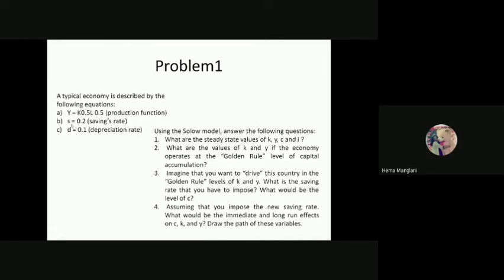The saving, C, and I I'm talking about are also the small ones. The steady state you will reach later on. First you need to get small k, small y, small c, small i. That means capital per worker, output per worker, consumption per worker, and investment per worker. Are you able to calculate these?